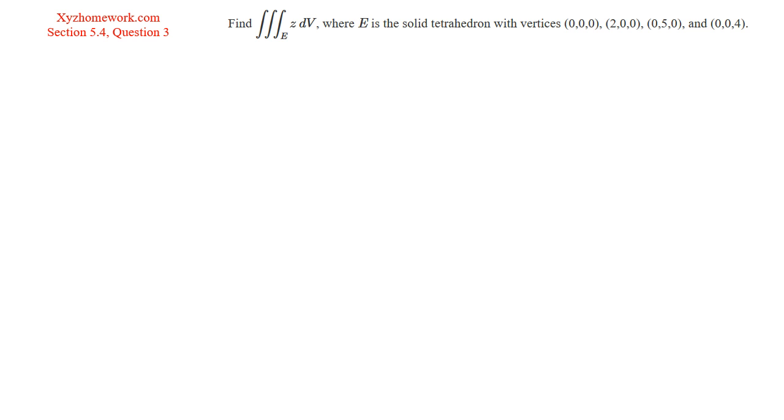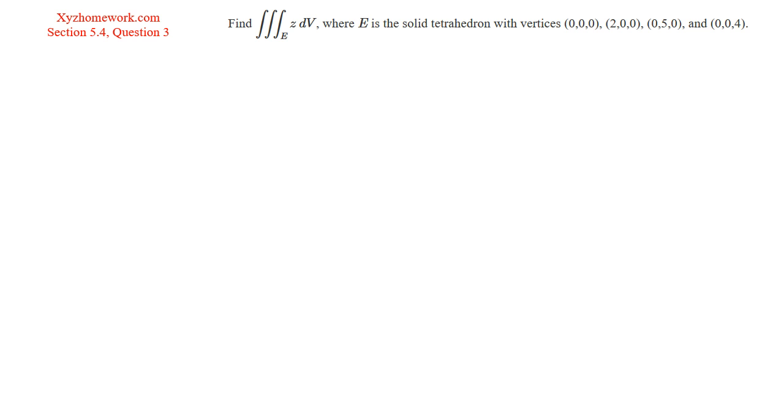So starting here with the point 2,0,0, we'll find this vector over to the other point on the y-axis, and we'll find this vector to the point on the z-axis. We'll just call those u and v because that's traditional with vectors.